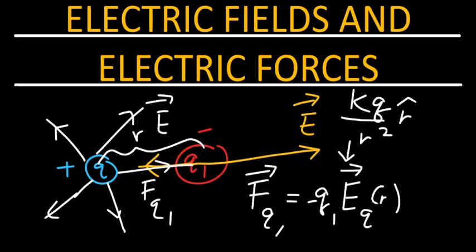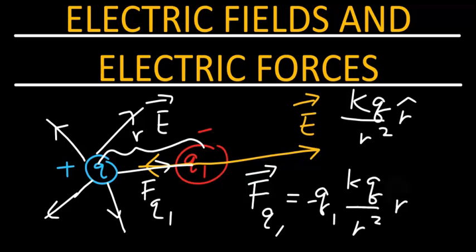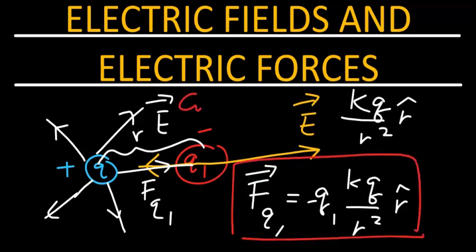So let's substitute that expression for the electric field into the expression for the force, and you get kQQ1 over r squared r hat. This law here is called Coulomb's law. It describes the force that acts between 2 point charges, in this case, Q and Q1.